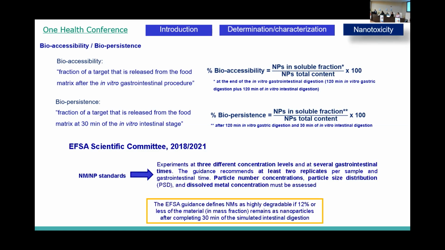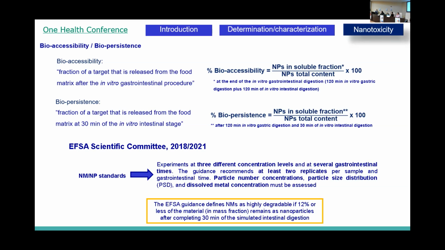Also, EFSA suggests that we have to perform experiments with 3 different concentration levels at several gastrointestinal times, and that we have to perform the determinations in duplicate. We also have to offer results regarding the particle number concentration, the particle size distribution, and the dissolved metals.